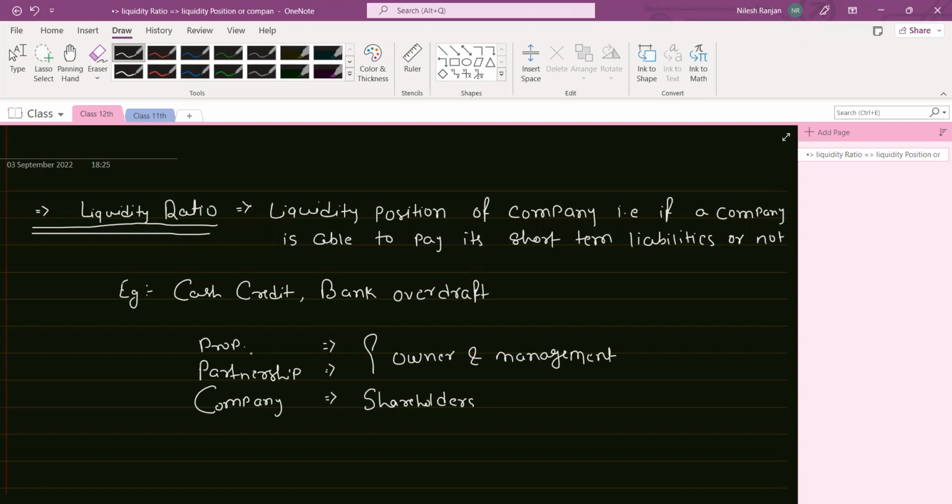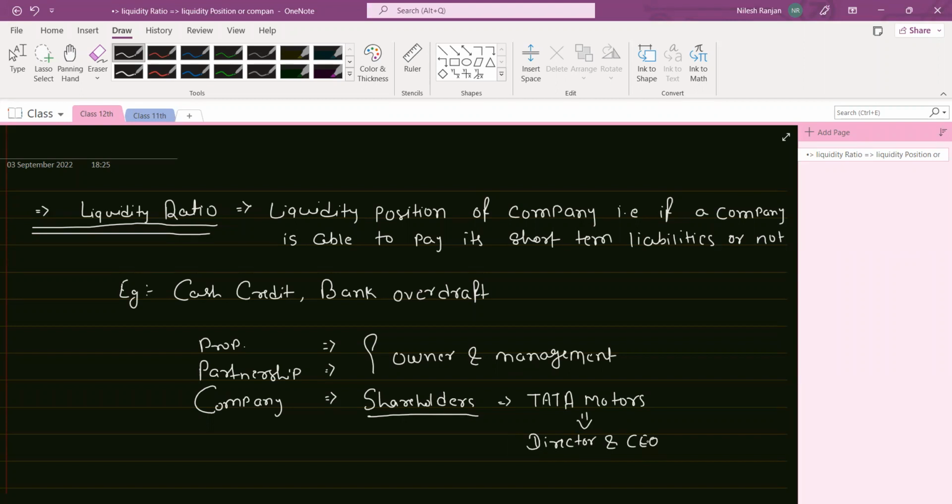So whenever he wants, he can withdraw money from the business, but shareholders can't. I am a shareholder of Tata Motors, but I don't know its account details. Tata Motors is managed by directors and the CEO, who are employees of the company.